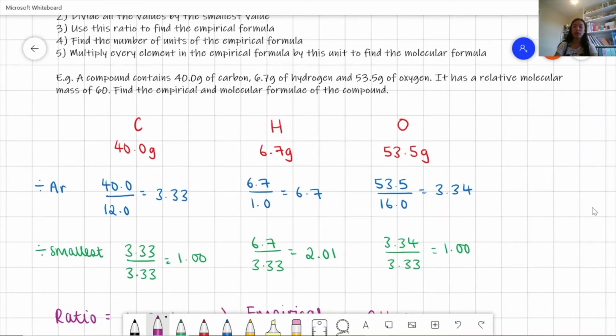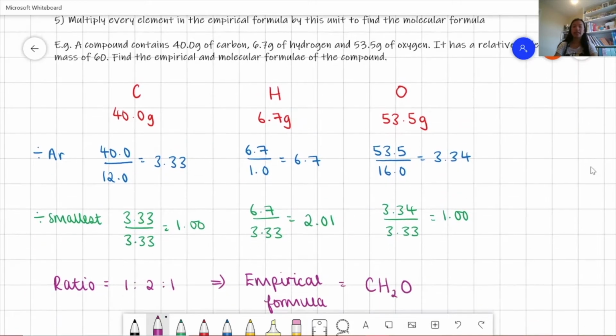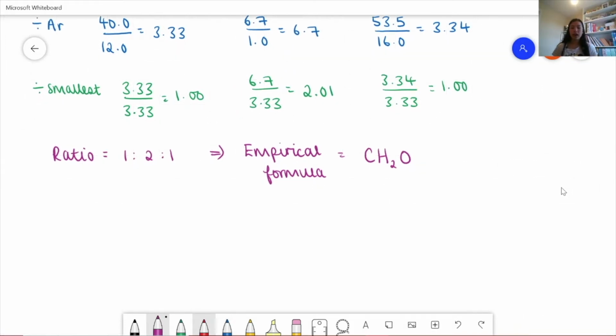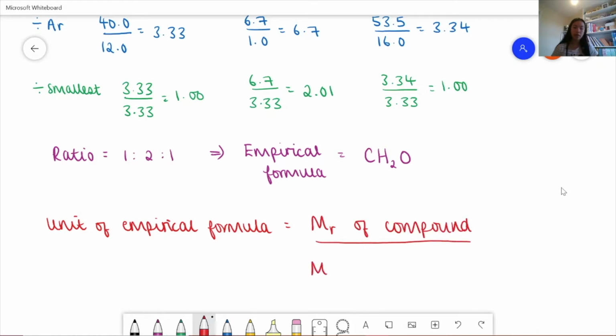The molecular mass they've given us is 60, so that's the MR of the compound. So we've got the equation that the unit of the empirical formula is equal to the MR divided by the MR of the empirical formula.